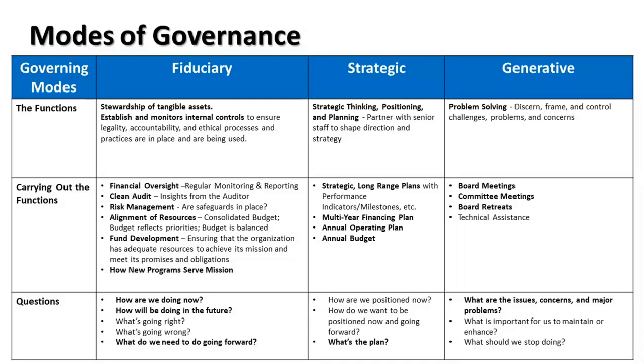Risk management, safeguards in place to protect the assets, and making sure our resources, like our budget and our money, are aligned with our mission and what we're actually doing, and reflect our priorities. Making sure the budget is balanced.